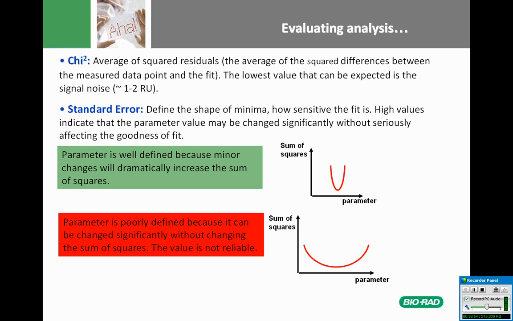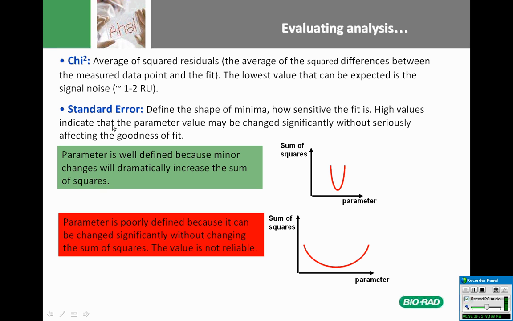And the last two things that you can evaluate in order to tell if your results are reliable. The first one is the chi-square, which is actually the average sum of those residuals, and of course one should expect a low chi-square, and the lowest chi-square available is a value that is close to the noise of the system.